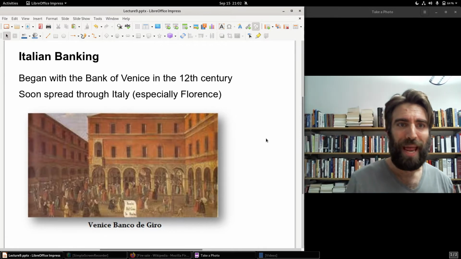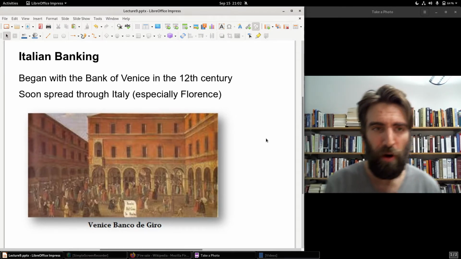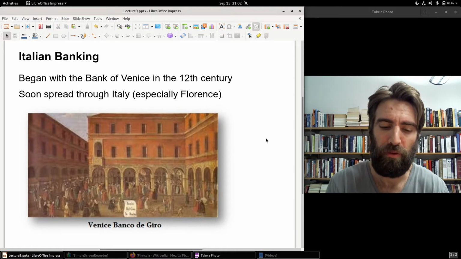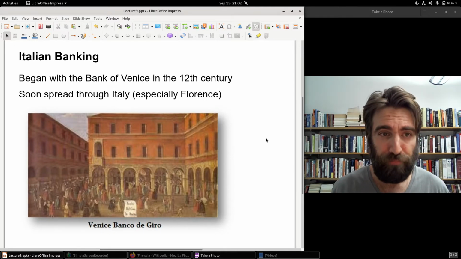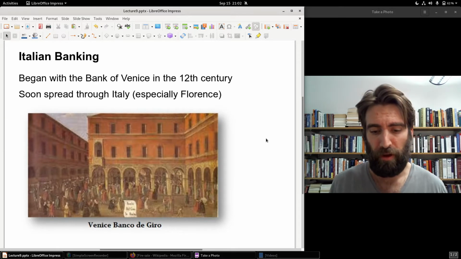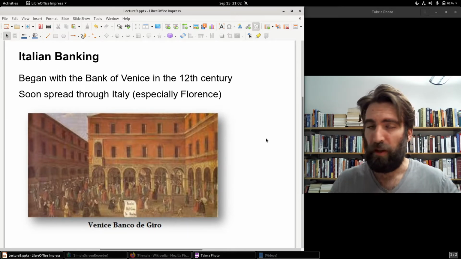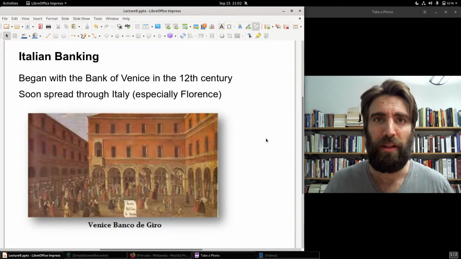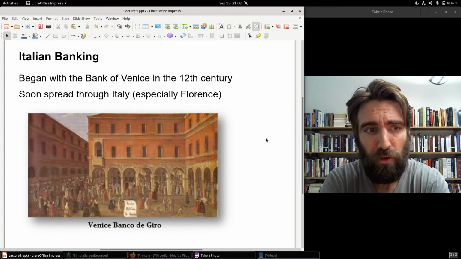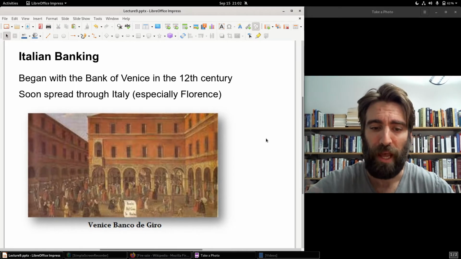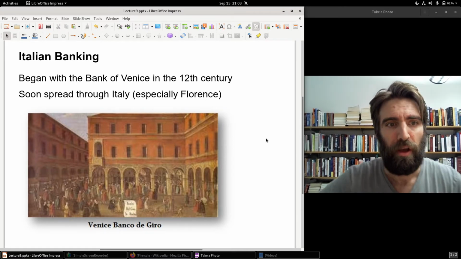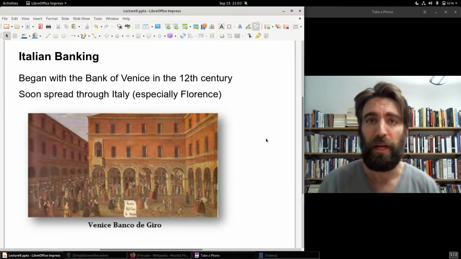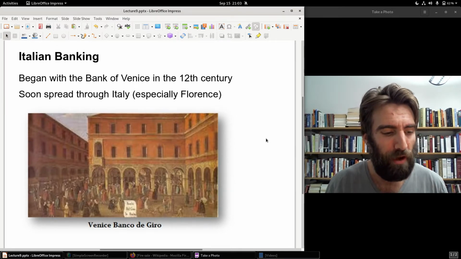So the first bank proper in Italy was founded in 1157. It was the Bank of Venice, and we called it a bank because it was a collection of people who came together and essentially incorporated themselves and created this bank, pooled their capital together and formed this institution. And from Venice, banking then spreads throughout Italy. I already mentioned Genoa, but especially Florence.